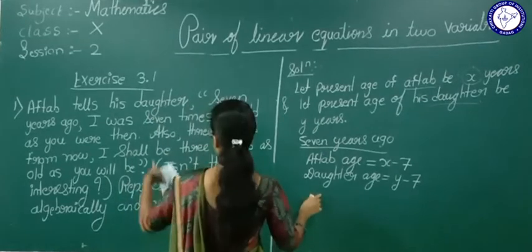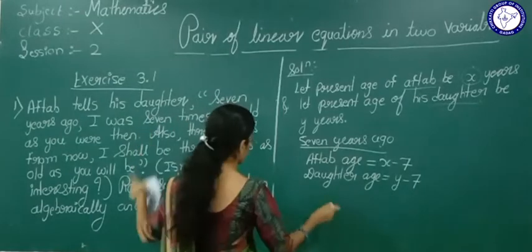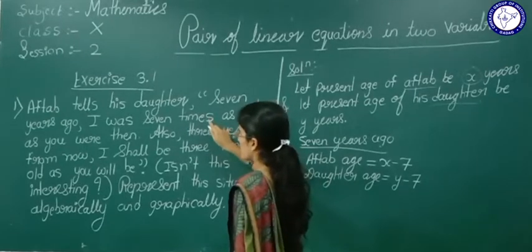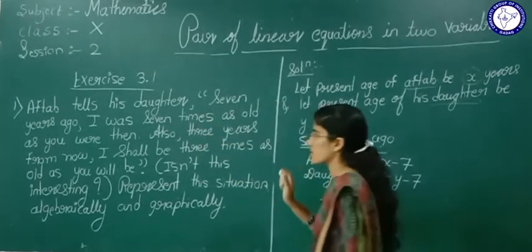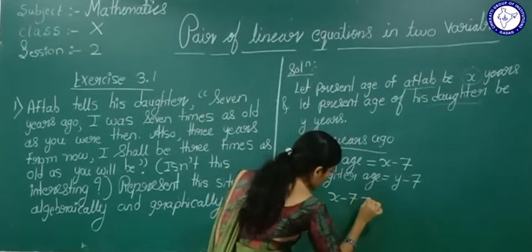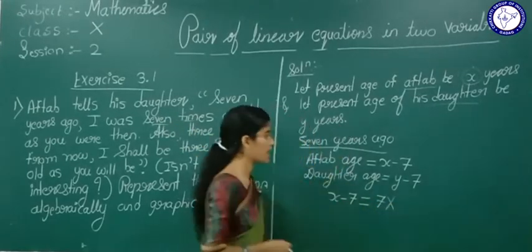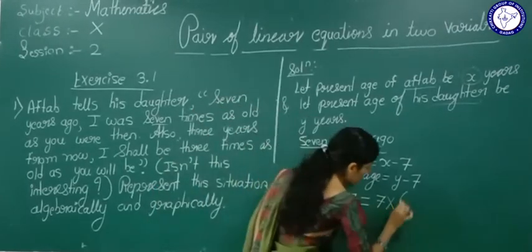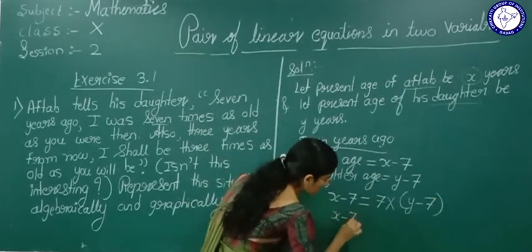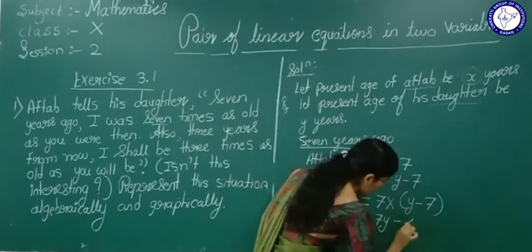Now we will write the condition they have given. 7 years ago, Aftaf's age was 7 times the age of the daughter. It will be x minus 7 is equal to 7 multiplied by the age of the daughter 7 years ago, that is y minus 7. We simplify this: x minus 7 is equal to 7y minus 49.